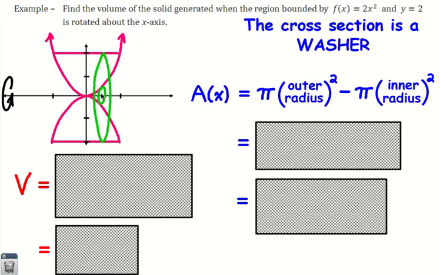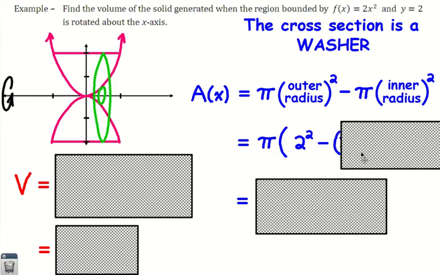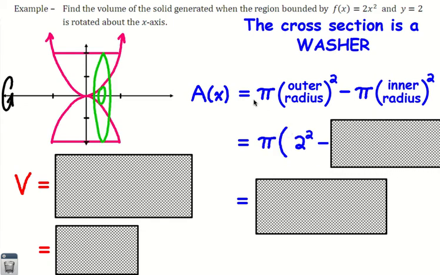But then you have to subtract the area of the hole, which is again pi r squared, but this time the radius is the inner radius. And so when we set up this A of x, the outer radius, from here to here, is always going to be 2. I'm also factoring out the pi.